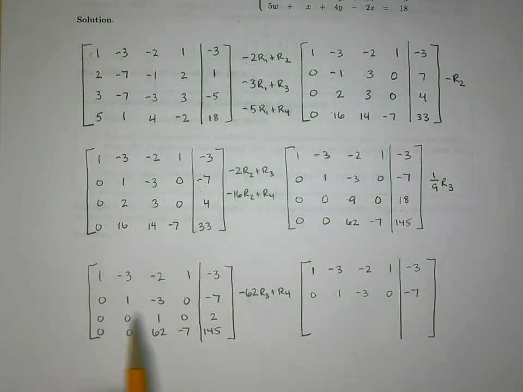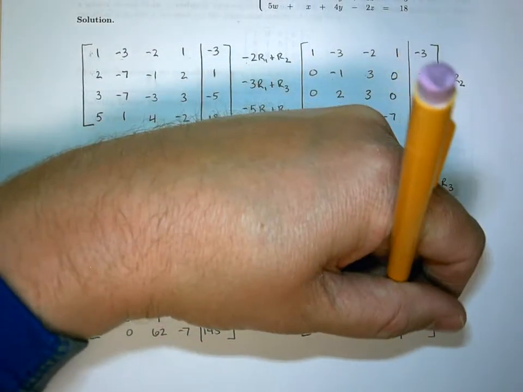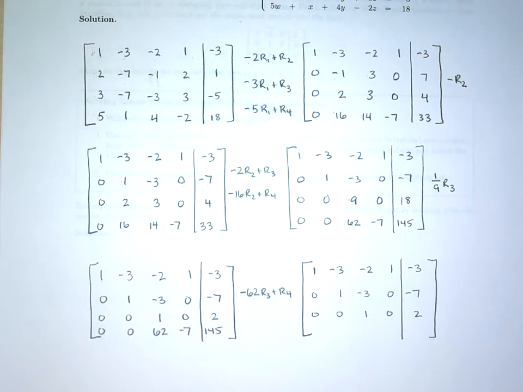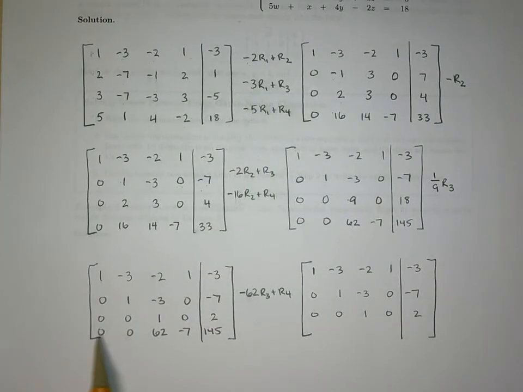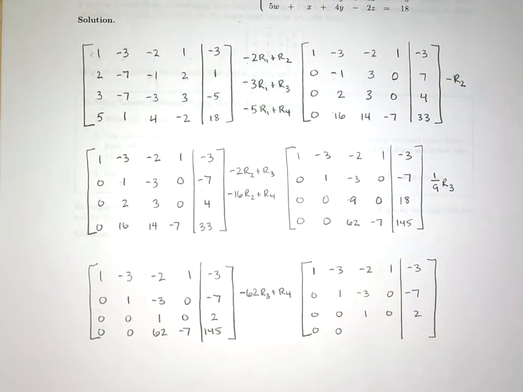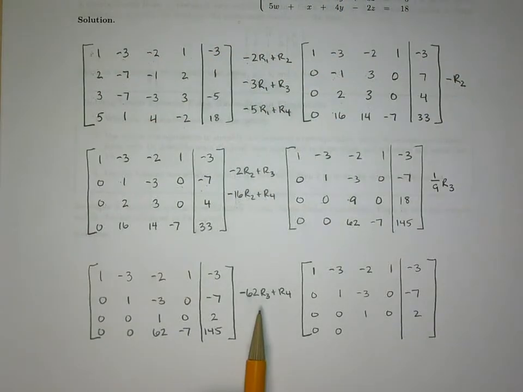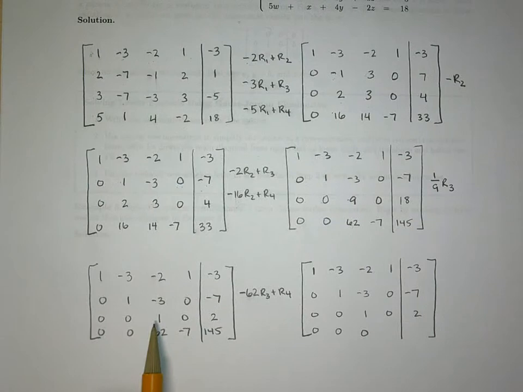I'm not meaning to change row 3, I'm meaning to change row 4. Now in row 4, we've already got the zeros in the first two columns, so those are going to remain. The whole point of doing this was to create a 0 here. After all, negative 62 times 1 is negative 62, plus 62 is 0.